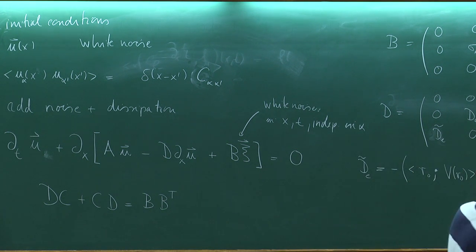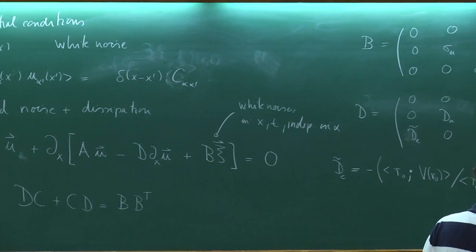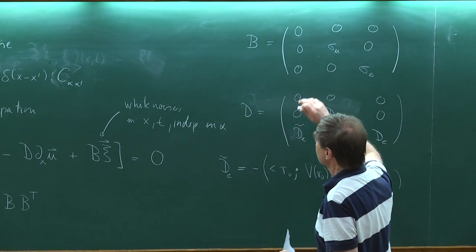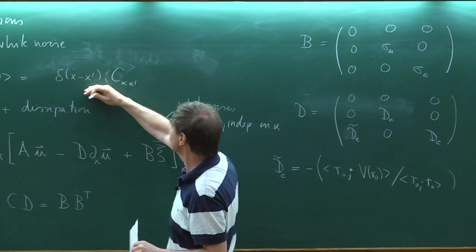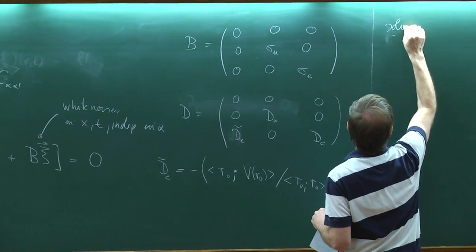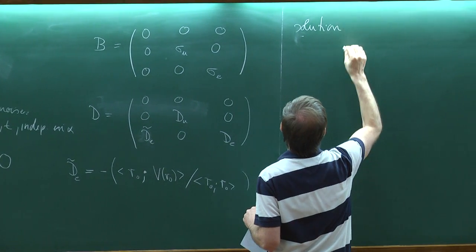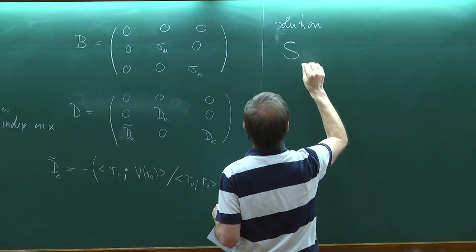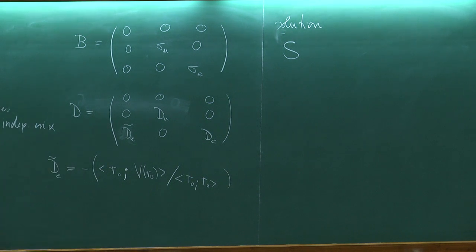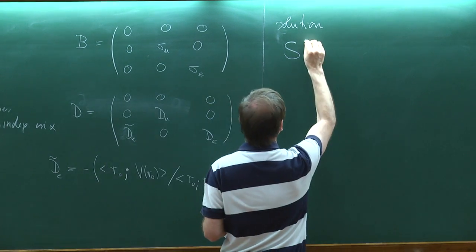Okay, so now I have to solve this equation with this initial data, and let me just write the solution. So this is my S. This will not be the microscopic S. This S is now really the true solution, so S of x and t.